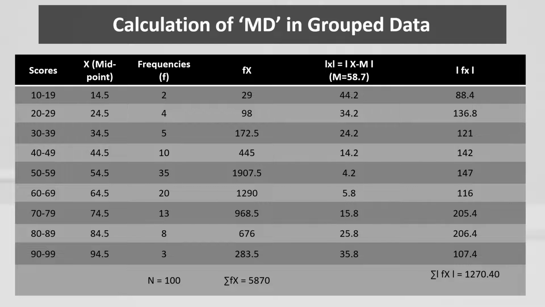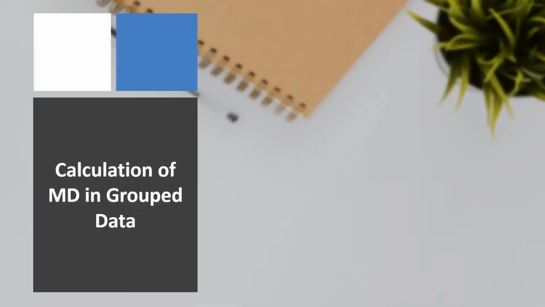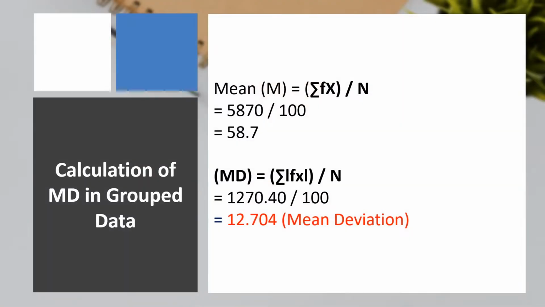Now let us focus on how you will calculate mean deviation in grouped data. The formula that can be used for calculating mean deviation in grouped data is MD equals summation of modulus of fx upon n.